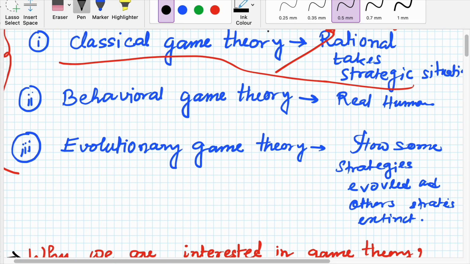And then we have talked about why game theory is a very useful tool for representing universal interaction. And by interaction I mean strategic interaction.